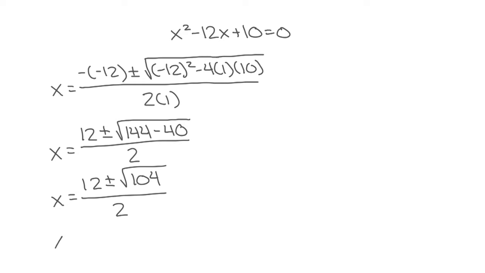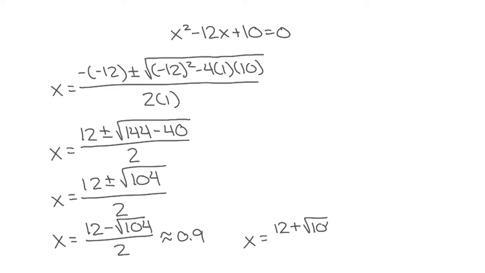Thus, we have two solutions. x equals 12 minus the square root of 104 divided by 2, which is approximately equal to 0.9. And we have x is equal to 12 plus the square root of 104, all divided by 2, which is approximately equal to 11.1.